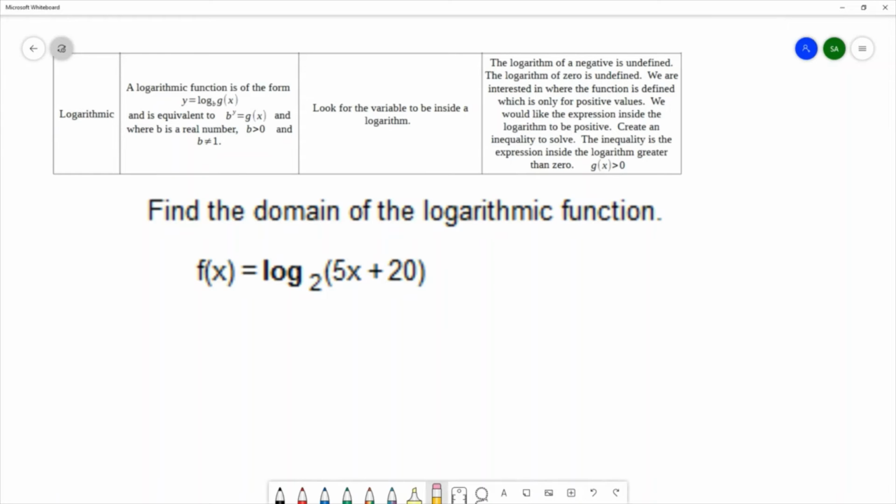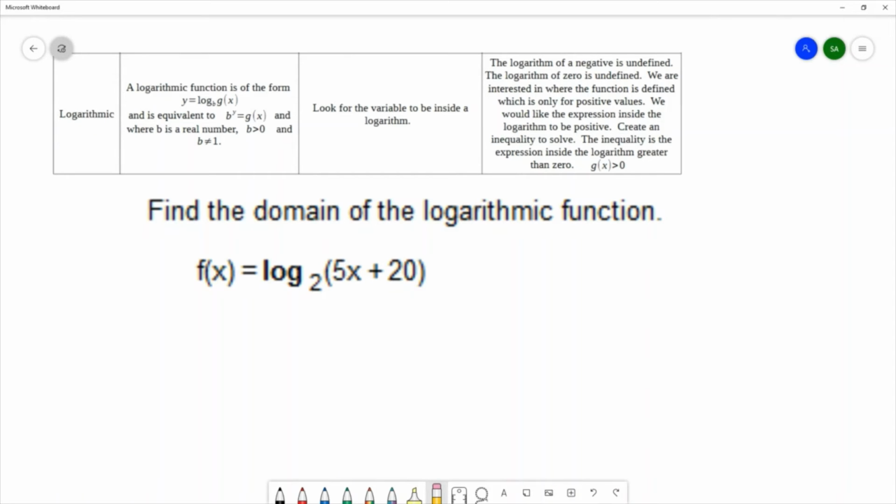So when we're finding the domain of a logarithm, we want the expression that is inside the log to be positive, because if the expression inside the log is 0, that's undefined, or if it's negative, it's undefined.